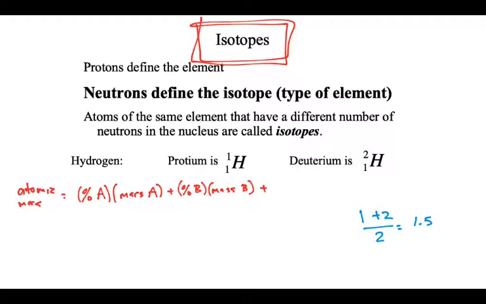What if there were 3, 4, 5 isotopes? We would have to take into consideration all of them. So we would do this until we've accounted for all of our possible isotopes, plus on and on and on. The atomic mass that we calculated in blue already did this.